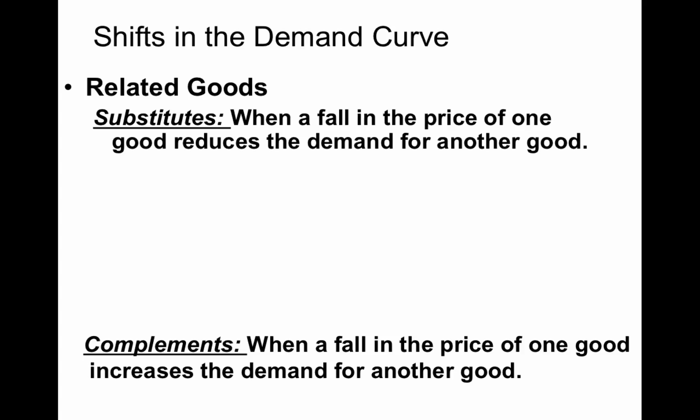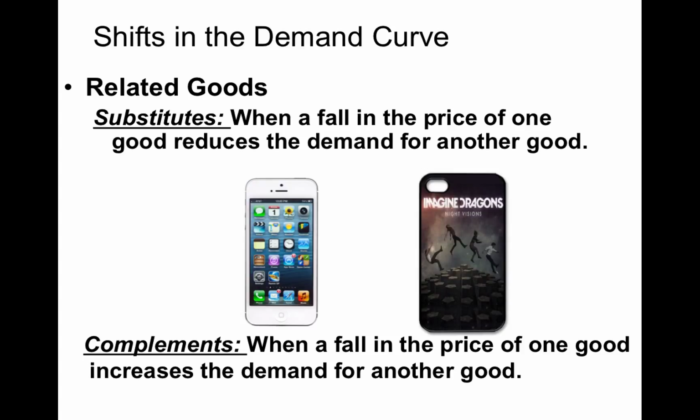And complements are when 2 goods go together. Like the iPhone and an iPhone case, which I need a new one right now. They go together. Anytime you buy a phone, you might buy a case. Unless some of you are brave and walk around with nothing. But most of the time you buy them both together.